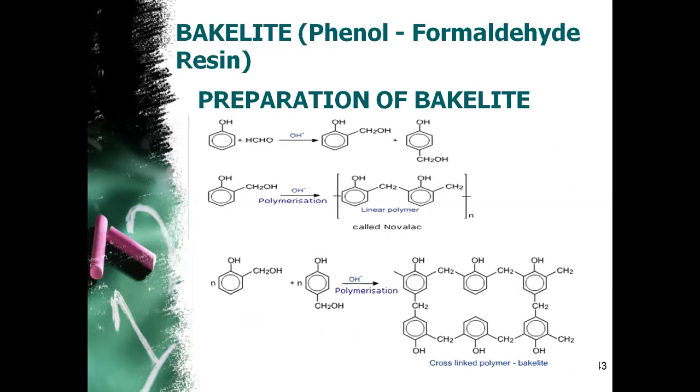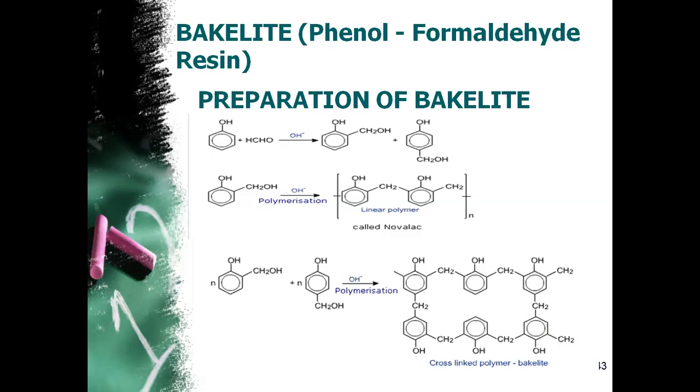Moving on to the next category of plastics, that is thermosetting plastics, and the first member is bakelite. It is a phenol formaldehyde resin.